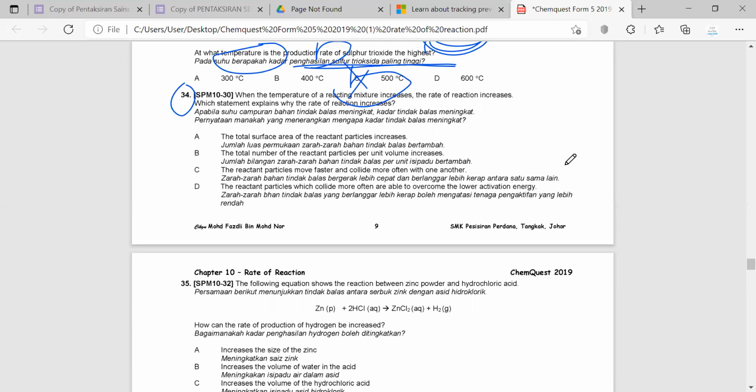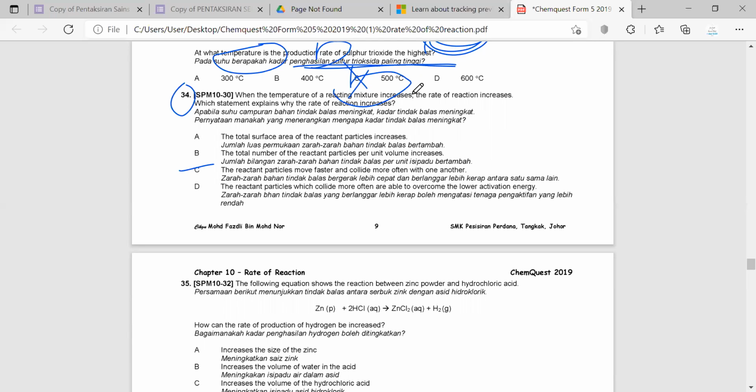Kinetic energy, right, Chair? Correct. Which one is kinetic energy here? C, I think. Okay, the rest of you? Very good. Betul, eh? So C is correct.